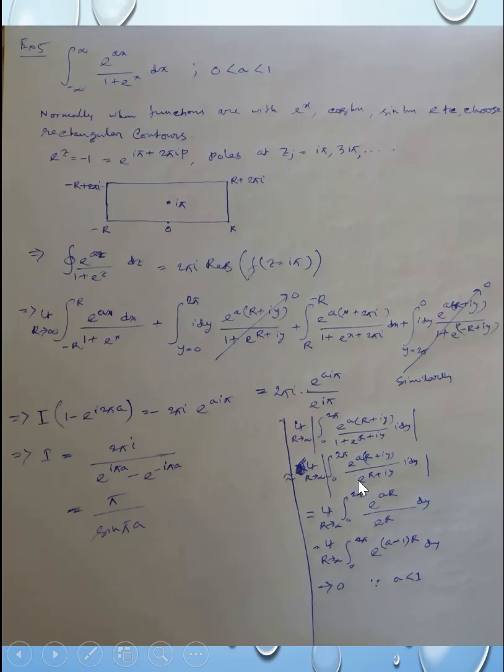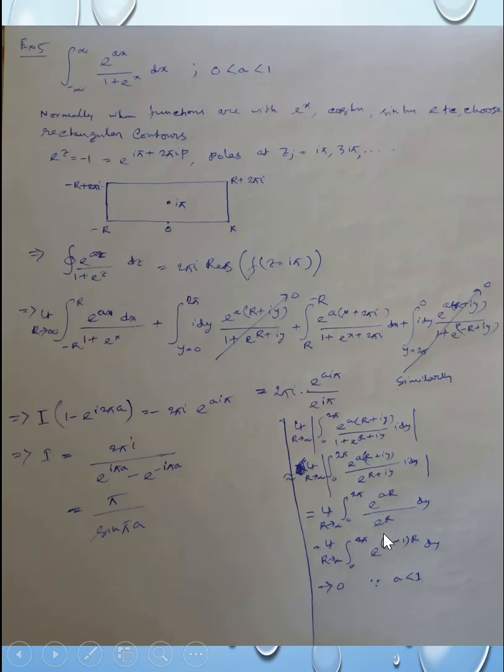Since you are taking the modulus, you deal with the real parts. Simplifying, you get exponential (a minus 1) r. Here a is in the limit 0 to 1, so a is less than 1, which means this exponent is negative.